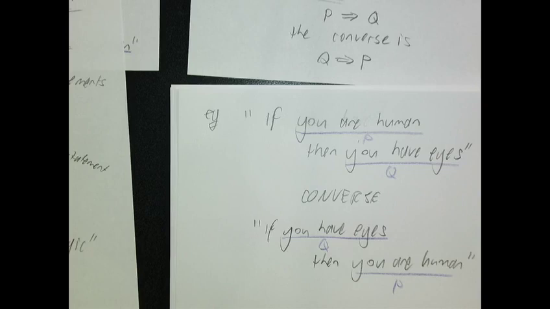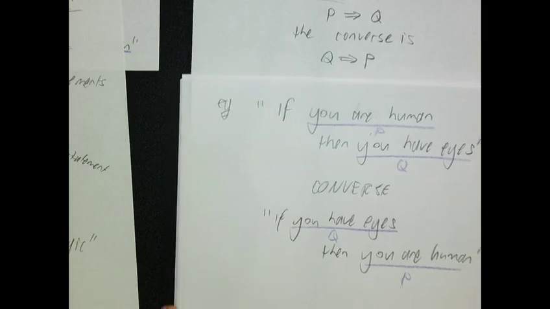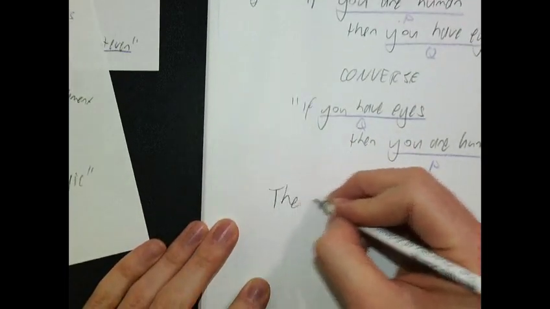The original statement and the converse are completely independent of each other. There is absolutely no reason why either of them has to be true at all. Okay, so if one's true, it doesn't mean the other's true. If one's false, it doesn't mean the other's false. There is absolutely no way of telling whether the converse is true or not, regardless of whether the original is true. So this is the next statement.